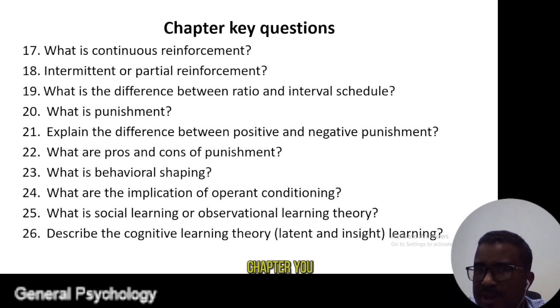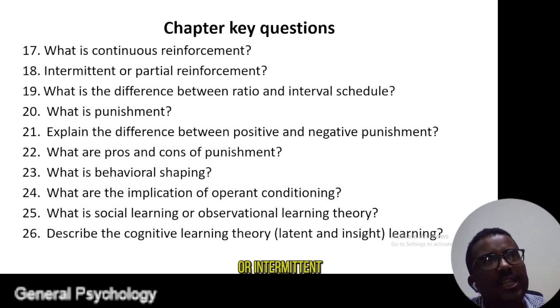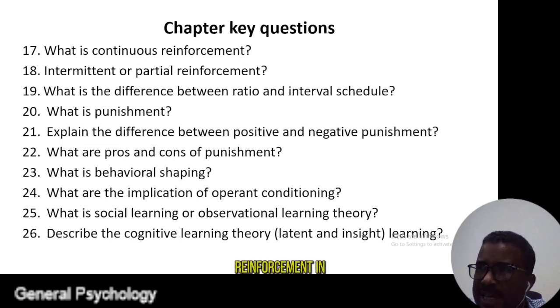From this chapter, you need to know about continuous reinforcement in one aspect, and intermittent reinforcement, which is given sparingly or sometimes. So what is the advantage of using continuous or intermittent reinforcement in our experiment?